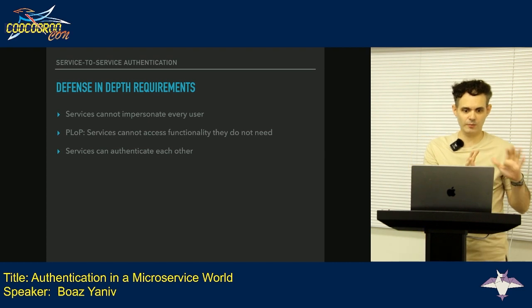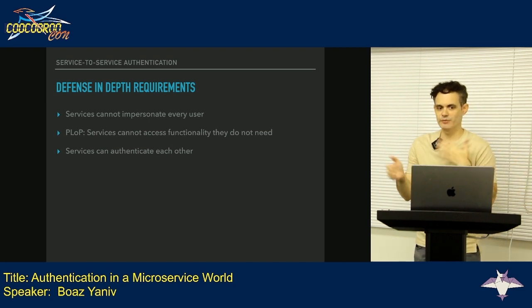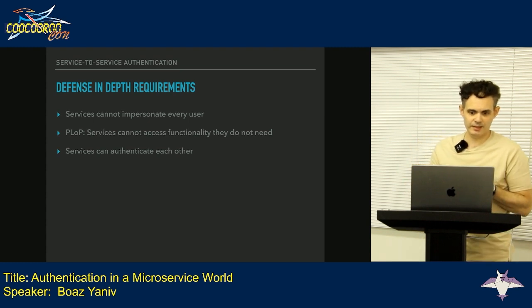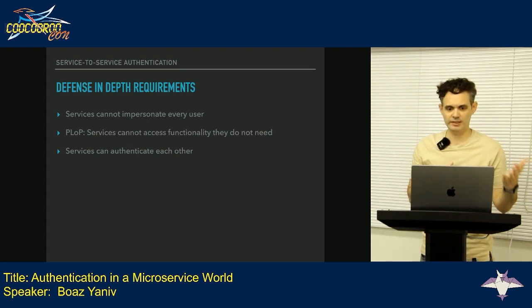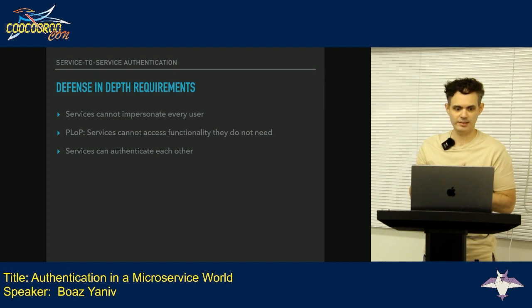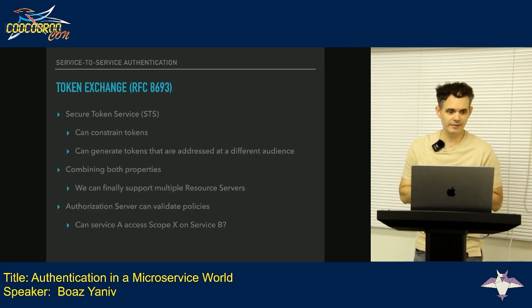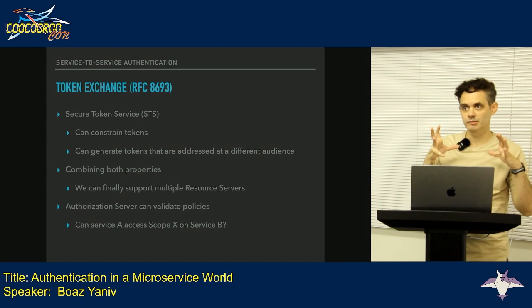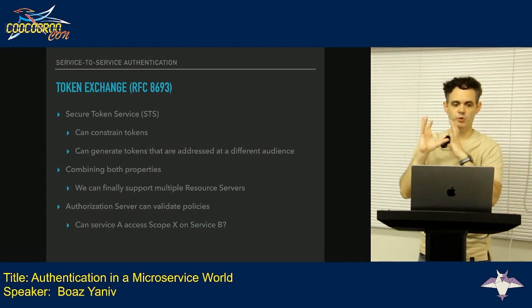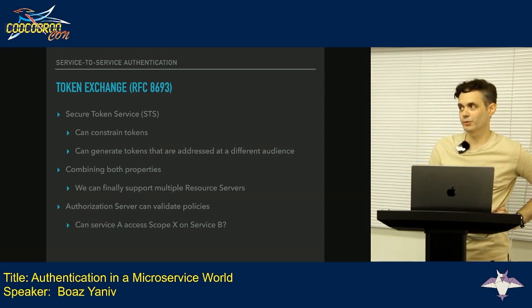The idea, the things that we want, is that the services will not be able to impersonate every user, and that they cannot use functionality that they do not need. So we can limit, for instance, scopes or permissions on the token. And the services can authenticate to one another. The general method is to have something called a secure token service.